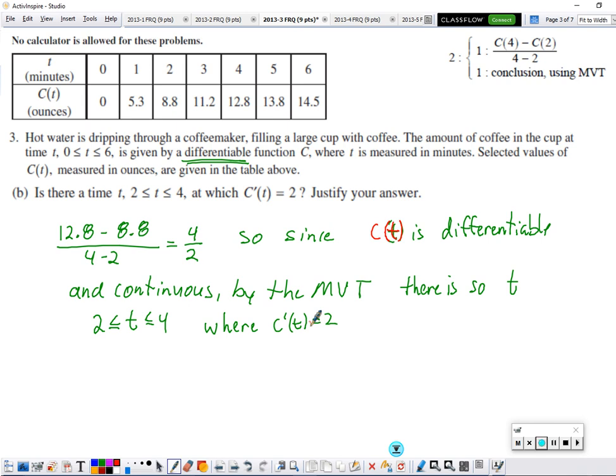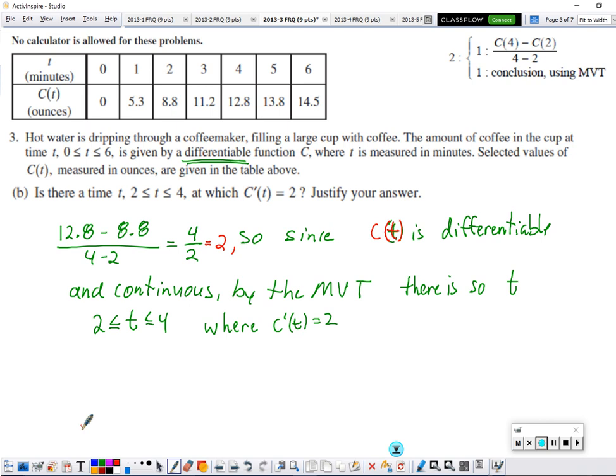Listen, again, please. There's hardly anything that I would consider lower priority than the mean value theorem. It's not heavily tested. It's often difficult to identify when they want you to use it. So don't make it a high priority, but what they're expecting you to do here is, first of all, find the secant slope between 2 and 4. Once you notice that that secant slope is indeed equal to 2, you have to justify the use of the mean value theorem.